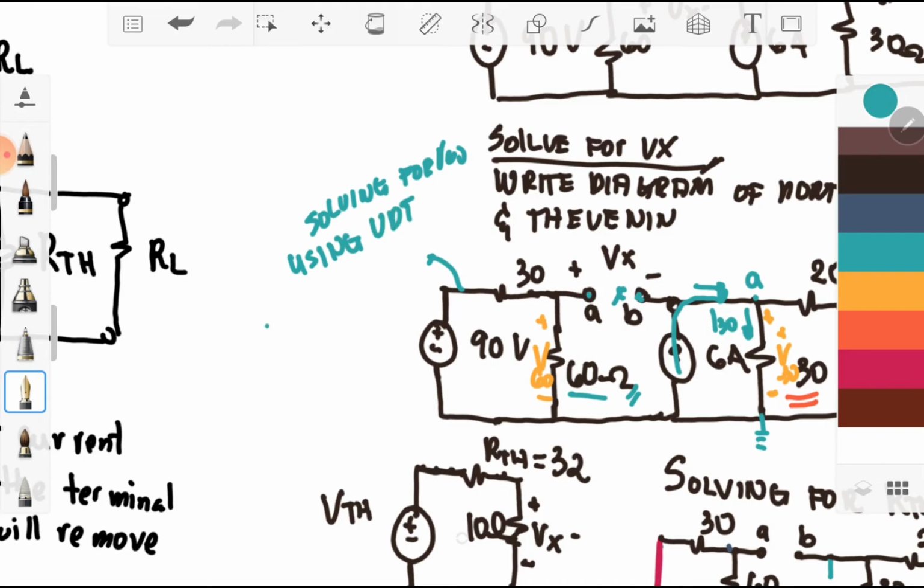So we have 90. V60 is equal to 90 multiplied by 60 divided by 30 plus 60, so we have 60.